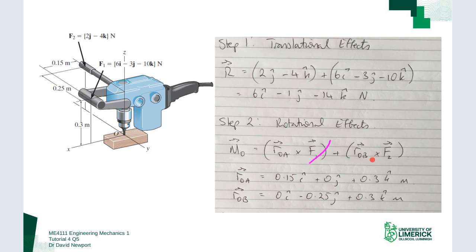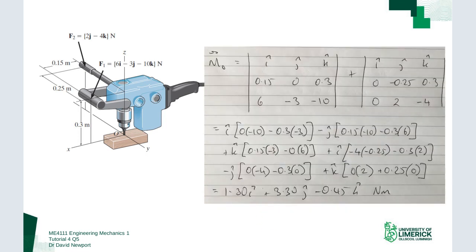Okay, so if I look at this now, I already know what F1 is. I have F2, I have r_OA and I have r_OB. So I can now evaluate these cross products and figure out what the moment is about point O. Again, I'm just going to use the determinant for this.